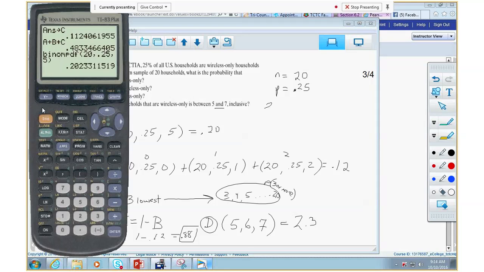And then the next one, second entry, 0, enter, store, alpha A. And then second entry, 1, enter, store, alpha B. And then second entry, 2, and store, alpha C. And then alpha A plus alpha B plus alpha C, 0.09.